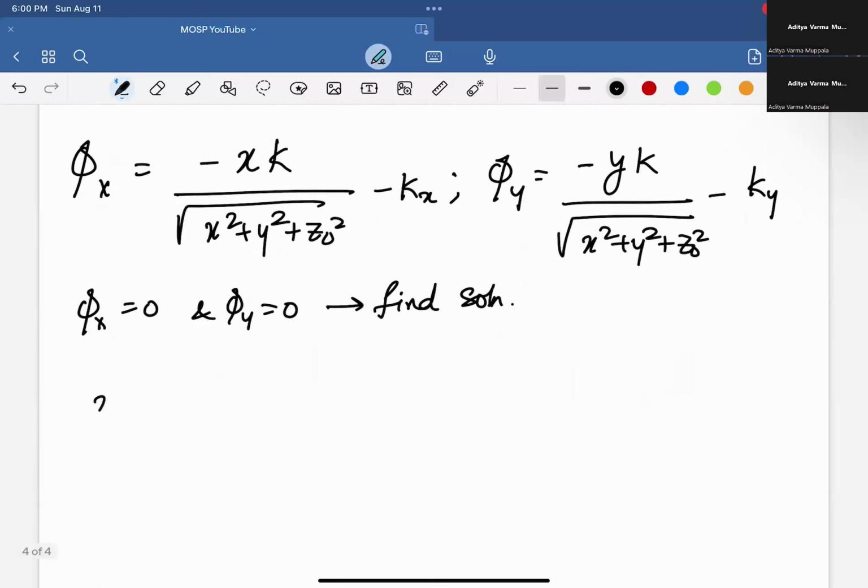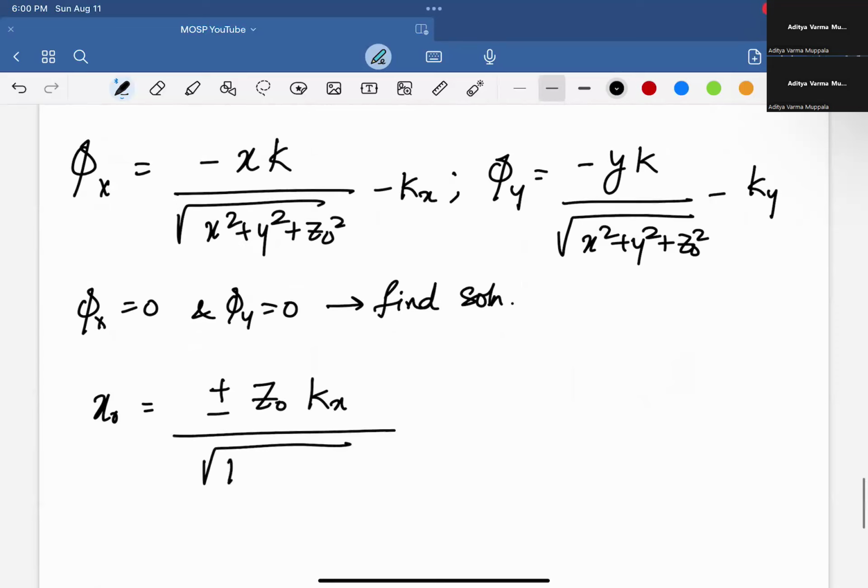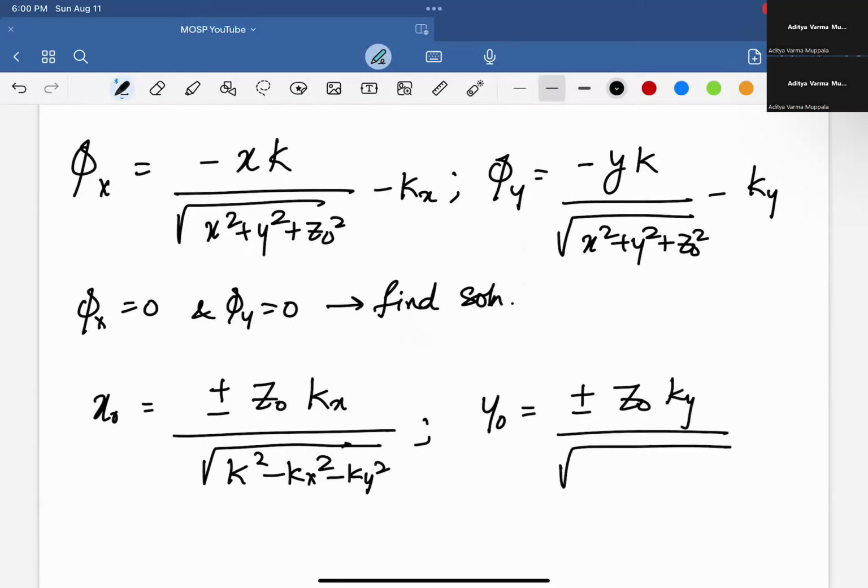And if you do that, you'll see that x naught has two values, plus or minus z naught kx over square root of k squared minus kx squared minus ky squared. And similarly, y naught also has two values, plus or minus z naught ky over square root of k squared minus kx squared minus ky squared.